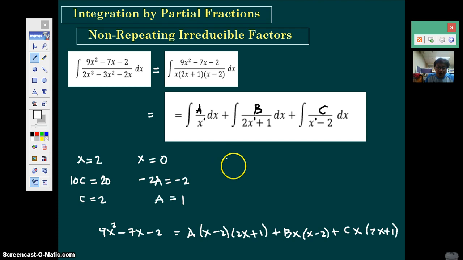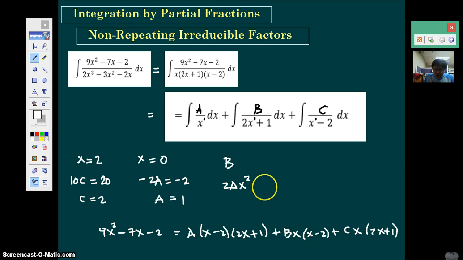Now let's have another technique in solving for the missing B. I call this simply inspecting a term. So if we focus on a term first, let's say focus on x squared. When you multiply, a term that will have x squared would be here A times x times 2x, that will become 2Ax squared.